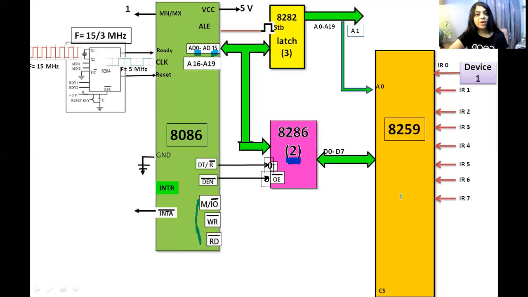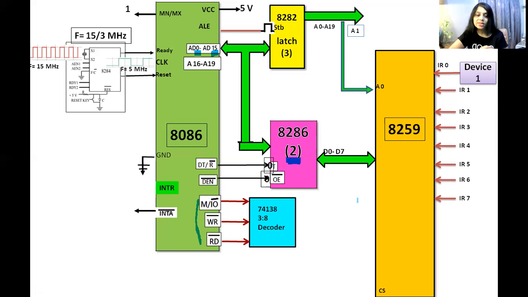If we connect memory to 8086, memory is active high, so on this pin logic 1 will be transmitted, and when 8086 is connected to an input output device, input output is active low, so 8086 will transmit logic 0 on this pin. So these pins perform the functions of memory read, memory write, input output read and input output write. 8259 is an input output device.